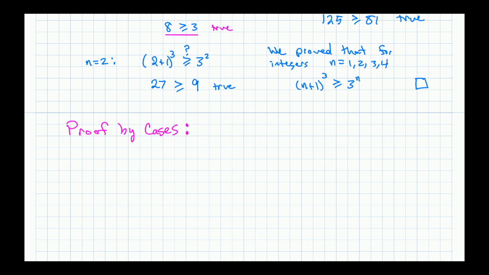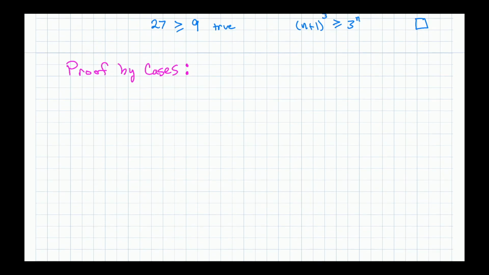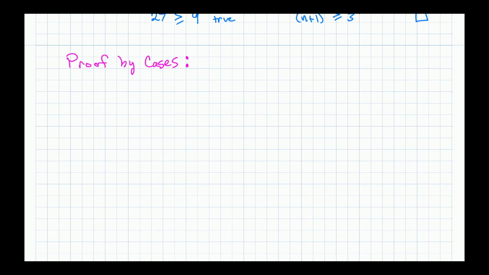All right. So even though we talked about cases on the previous proof technique, proof by cases is not really the same thing as proof by exhaustion. So what proof by cases is where the thing that you're trying to prove works a little bit differently for different parts of the numbers, if that makes sense.